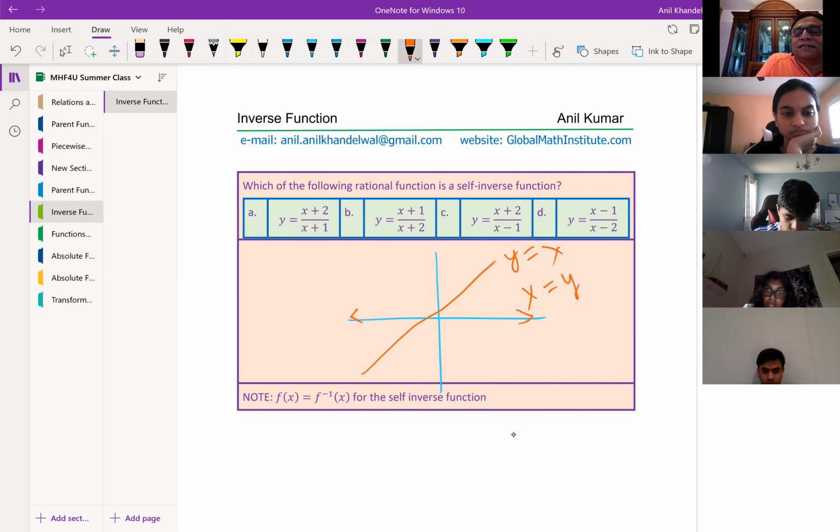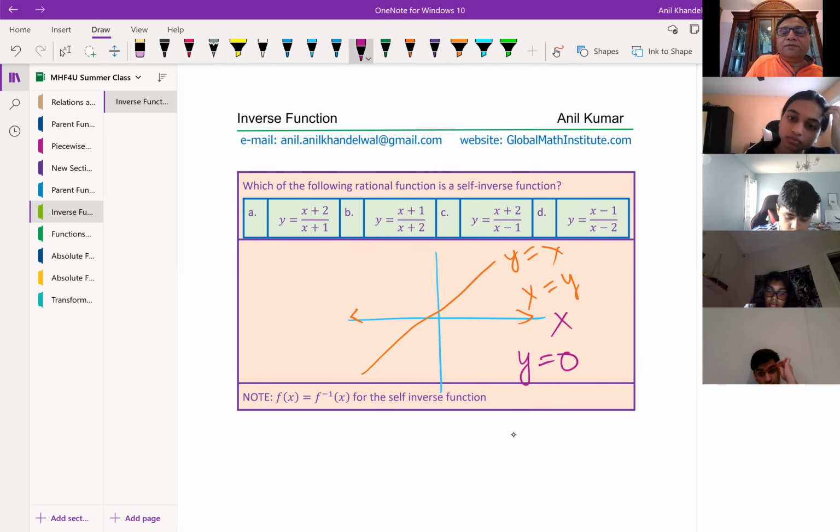What is the equation of the x-axis? y equals 0, right? Now, if I reflect this line, then what happens? There is no x value, so I cannot really swap. So y equals 0 remains y equals 0.